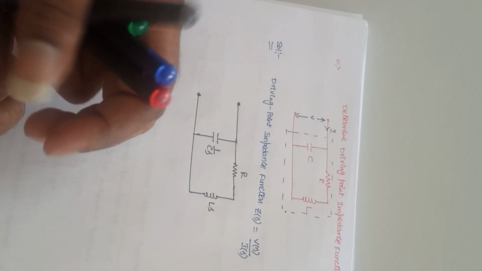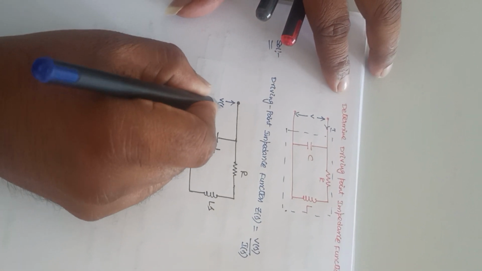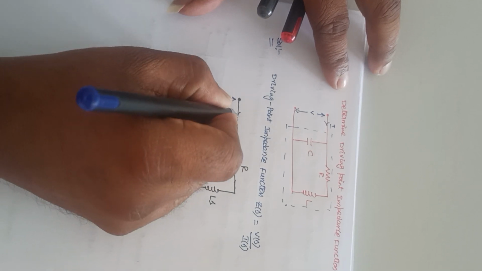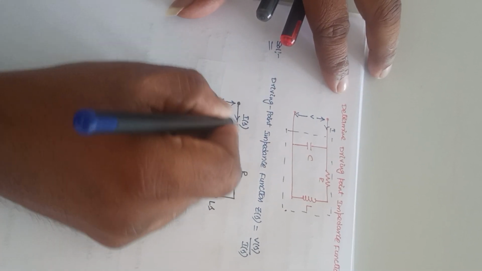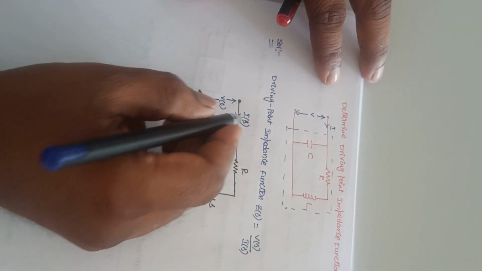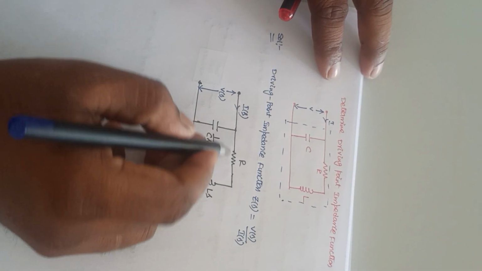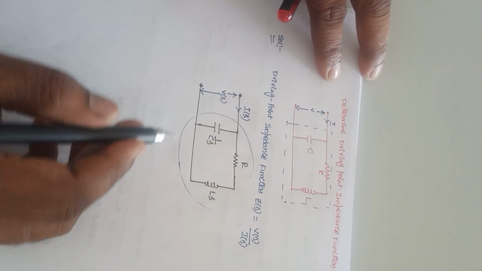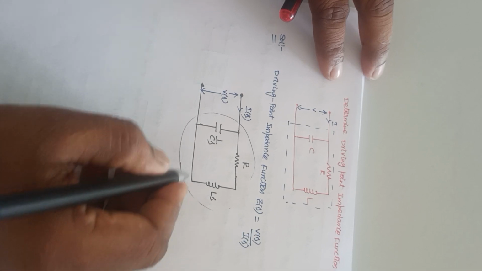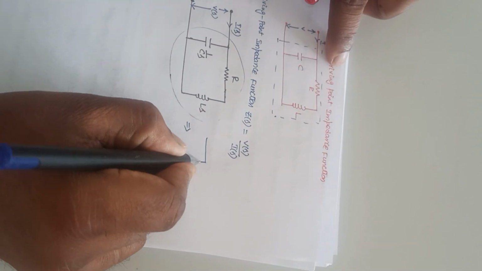After drawing this frequency domain network, I represent this V of S as an excitation, and this is the response I of S. For this input, this is the output that I have taken, excitation and response. So I need to find V of S by I of S. So this is totally an impedance. If I assume that it is an impedance, then it will become like this.